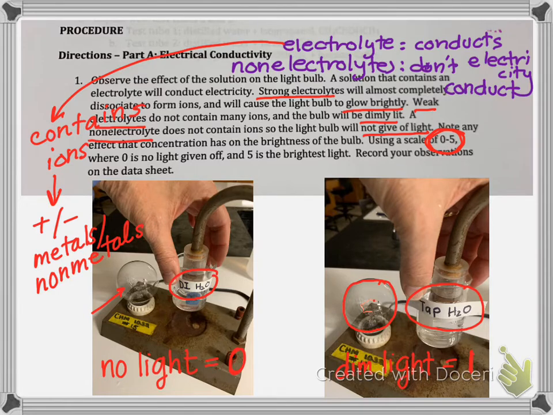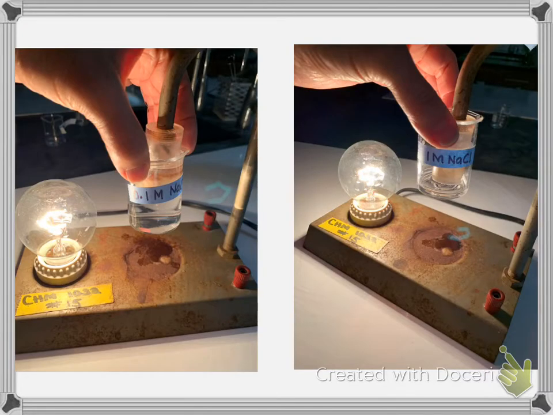So let's look at the next example. You can see the light bulb is glowing much differently, and this is sodium chloride, NaCl. Now the difference between the two is their concentrations. This one is 0.1, and this one is 1.